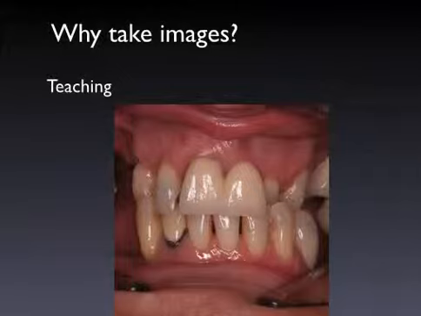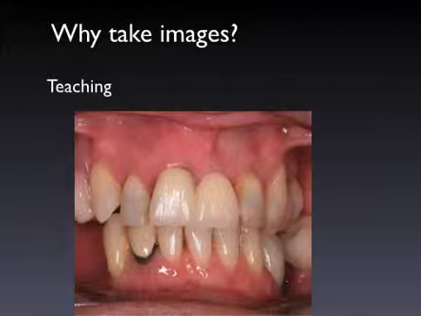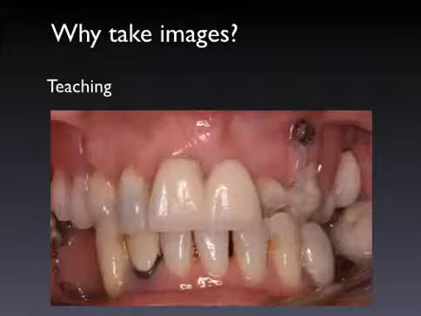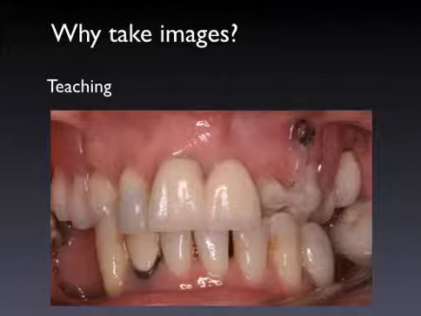And we can see from this image, we can't simply procline the teeth because the angulation would be too great. We need some intrusion, as we can see from the gingival margin heights, and proclination. And we'd achieve this by simply using a mini screw, temporary anchorage device, and a little bit of elastic.